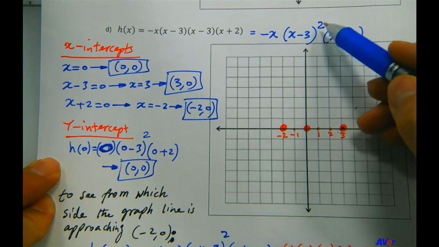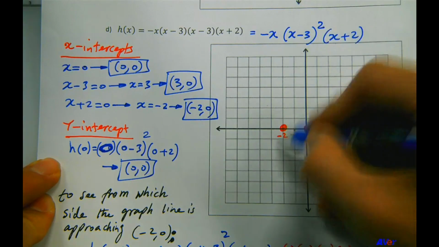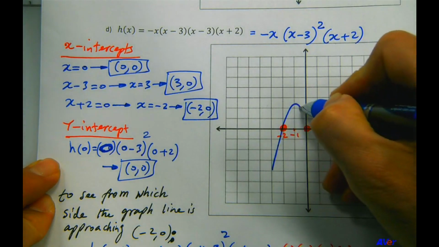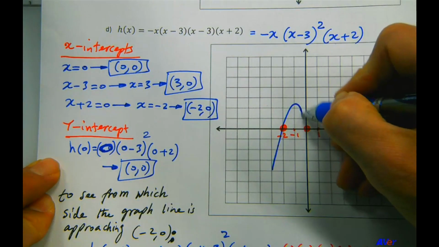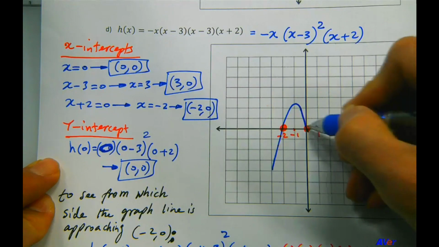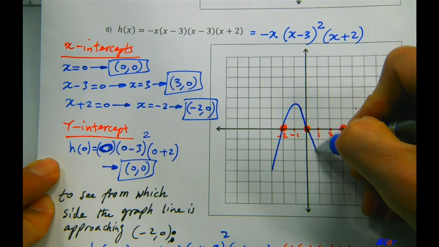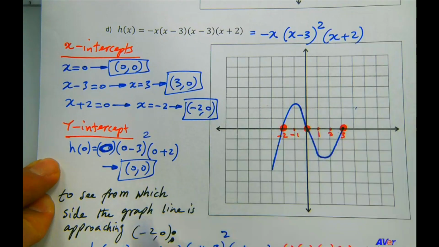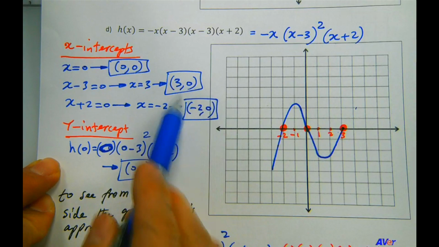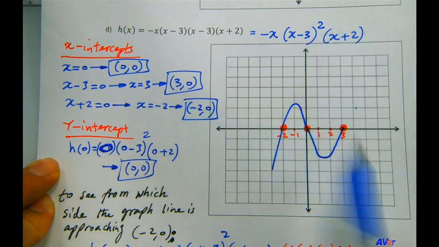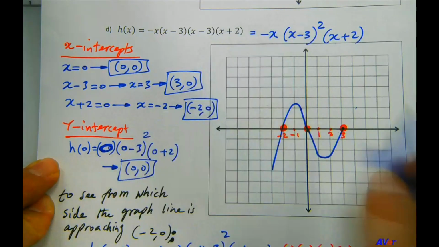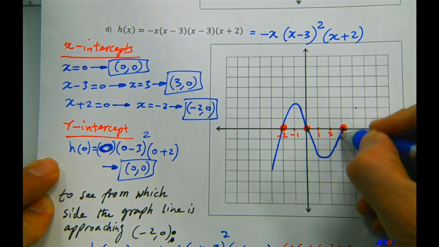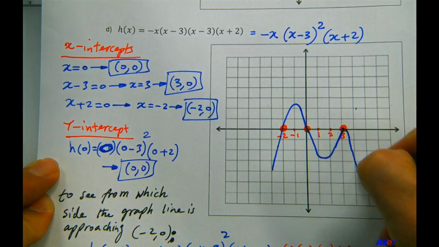Because it's got even multiplicity. All right, so the line has to do this, then come back down towards the x and y intercepts. It's going to go right through the x-axis. When it hits (3, 0), be careful because (3, 0) has even multiplicity. So the line cannot go through, it's going to bounce back to the same side like that.